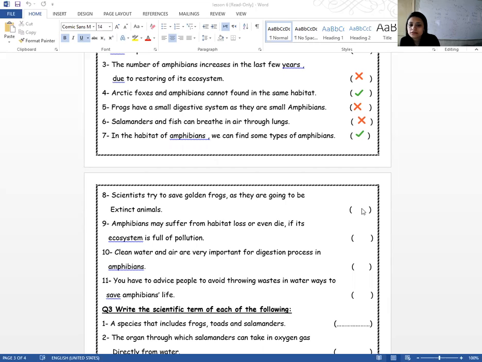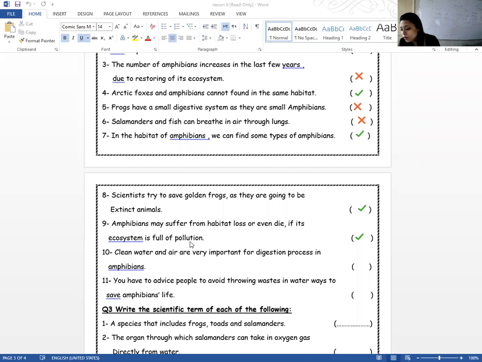It's right. Number 9, amphibians may suffer from habitat loss or even die if its ecosystem is full of pollution, right? Because the body of it is sensitive.